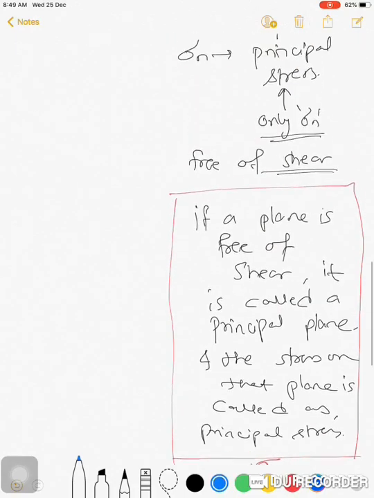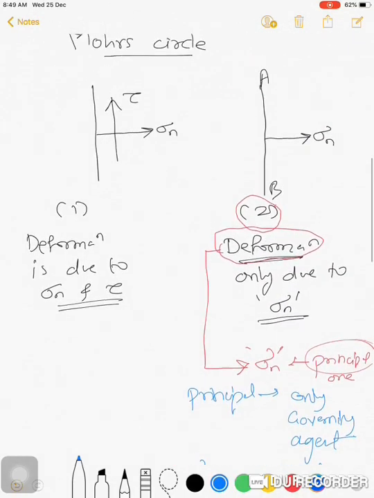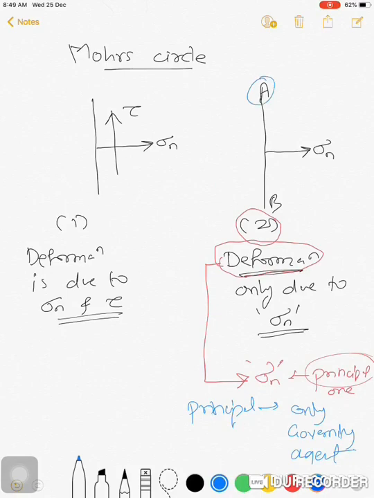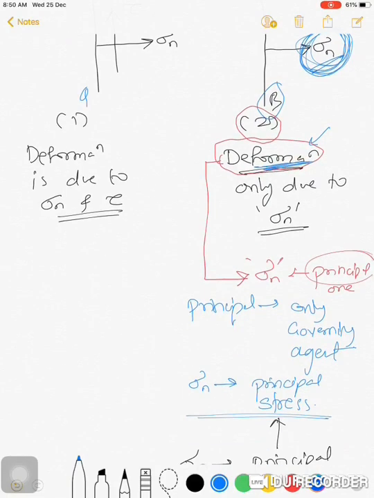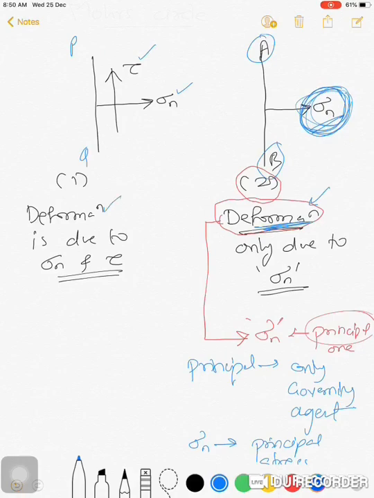Now we said that on this plane AB there was only normal stress component, and this was the only governing stress as far as the deformation is concerned. Now in the same manner, if we consider plane PQ, then there is a shear component and a normal component. So the deformation is due to normal stress as well as shear stress.